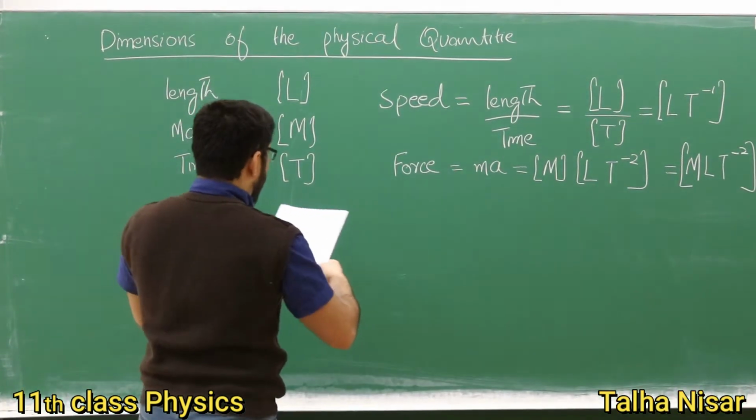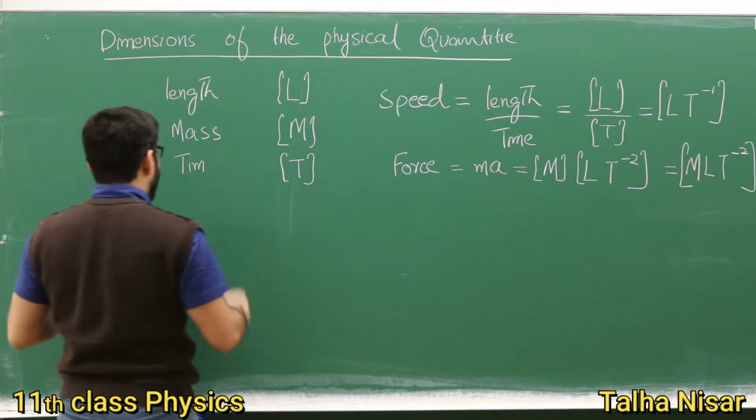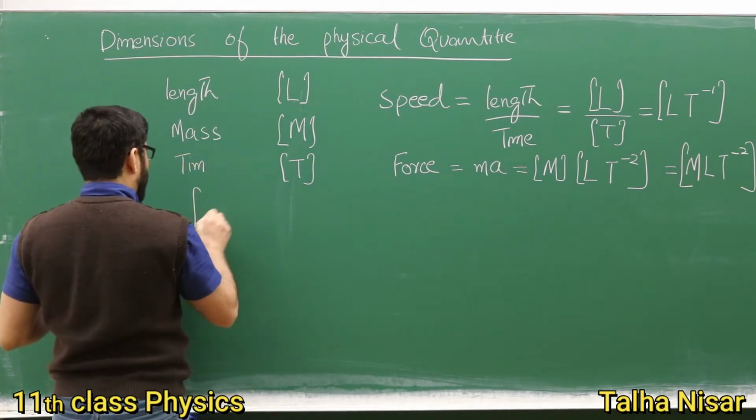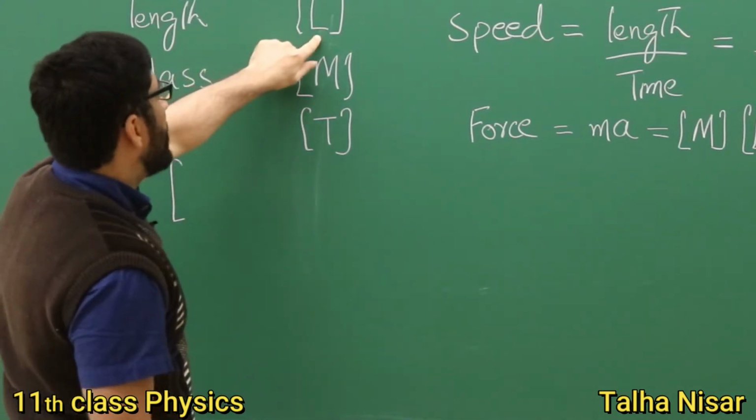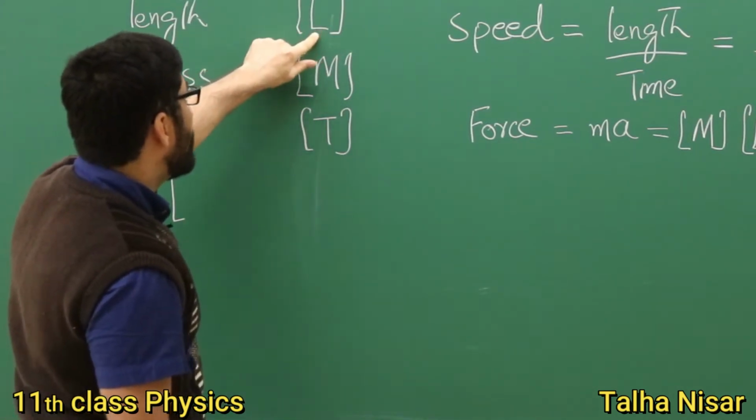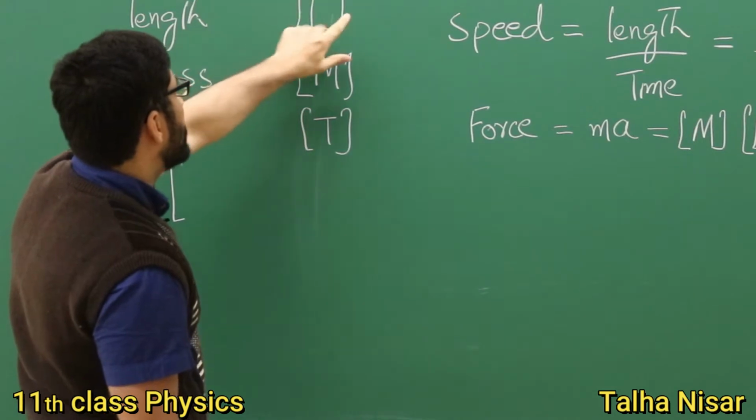For example, so we have the 7 base quantities. So as we said that the dimension is written, denoted by its symbol, which is inside the bracket.